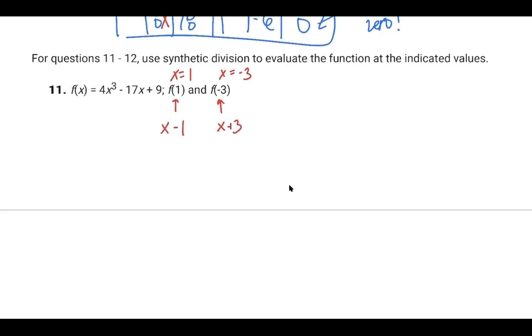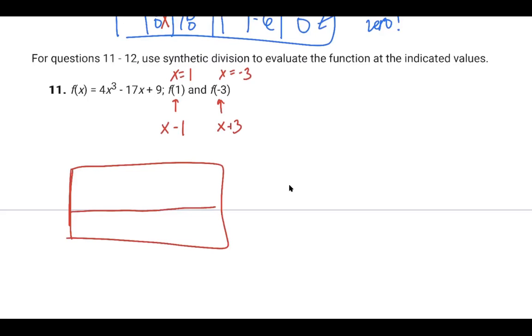Okay, so when I write out my synthetic divisor here, all right, I'm going to have the same for both. For negative 17. Oh, and I almost missed a step there.